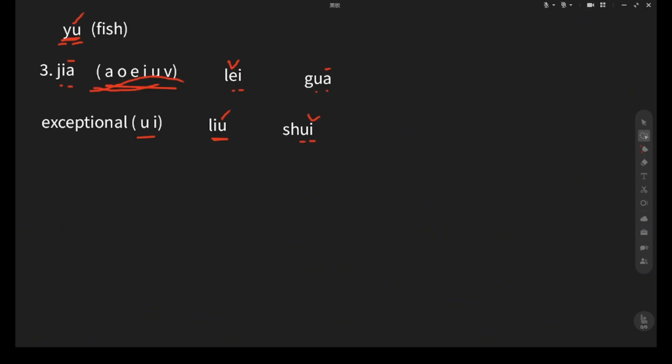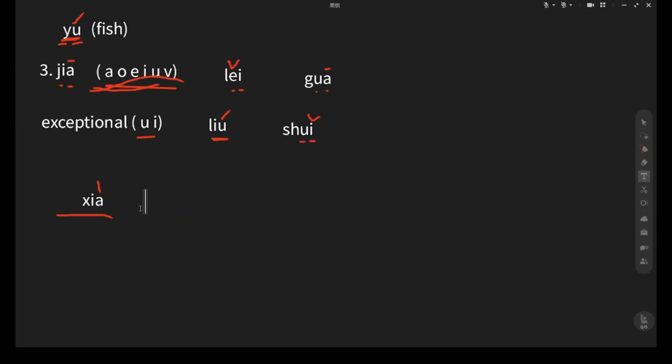Now you see, I write this one. If I want to mark the fourth tone, on which vowel? E or R? Yes, R, first tone. So how to read this one? We read from vowel to consonant.